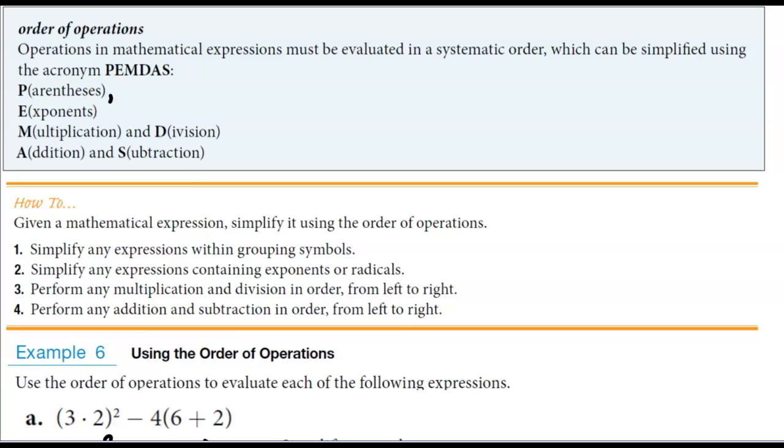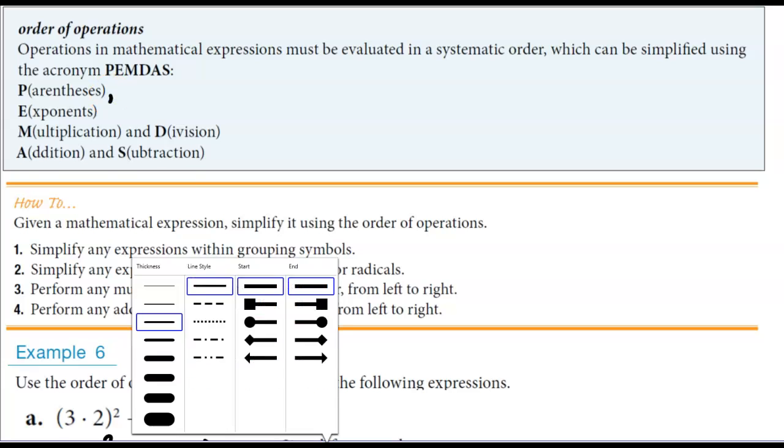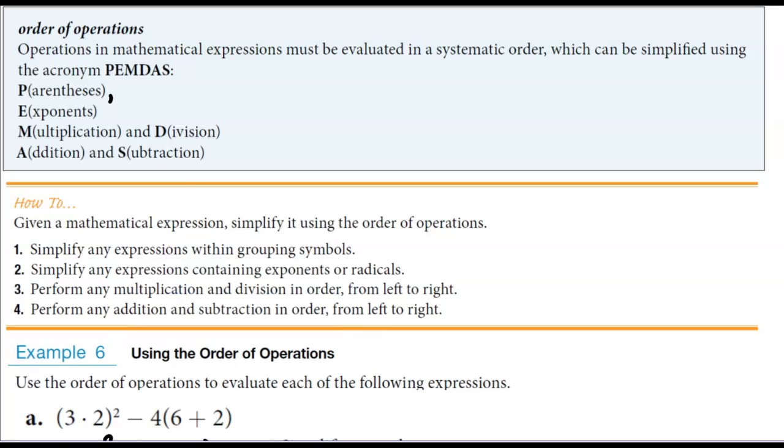Okay? It can also be represented as brackets. Okay, it could also be braces. It could also be fraction bars.